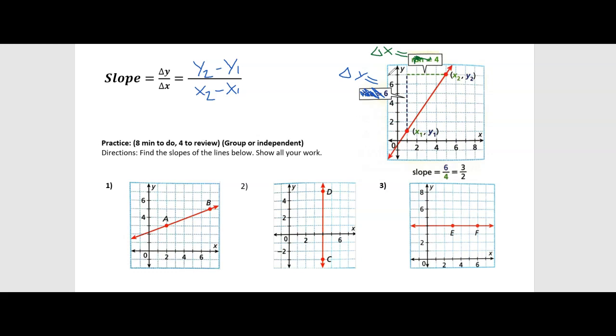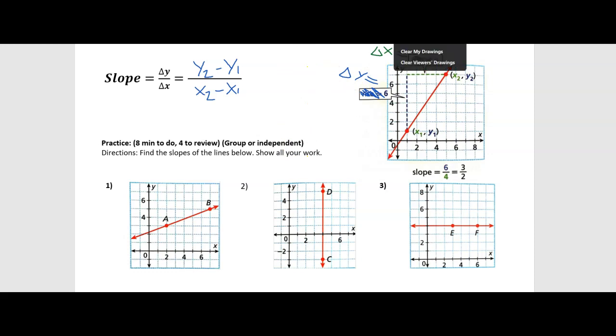Because a lot of times you're not going to be able to do that. The axes are going to be way too large. They're not going to be marked off by single units. So that method is going to become more and more ineffective as you go higher and higher with your math learning.